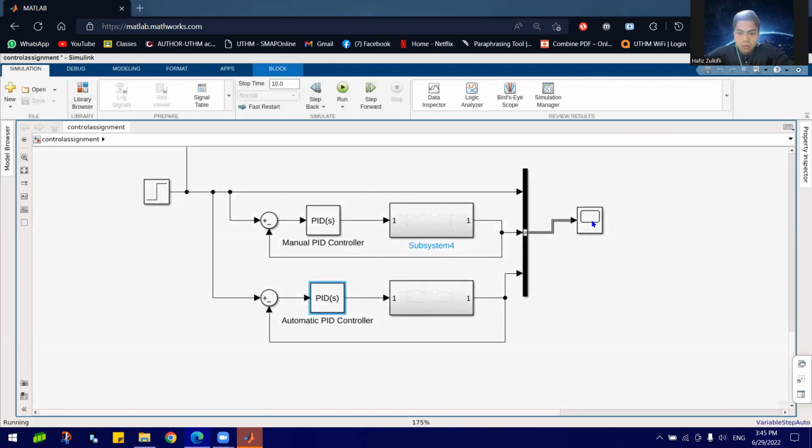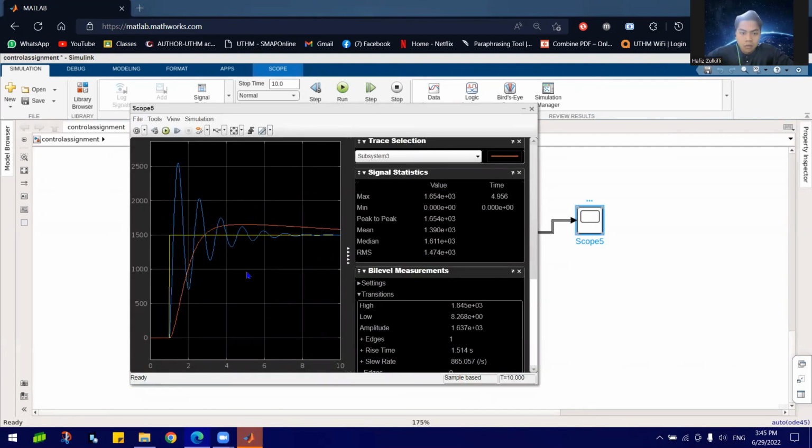We can see the response output of the three of them, which are the input, manual tuning, and automatic tuning. As we can see here, the yellow one is the input, the blue one is the manual tuning, and the red one is the automatic tuning.